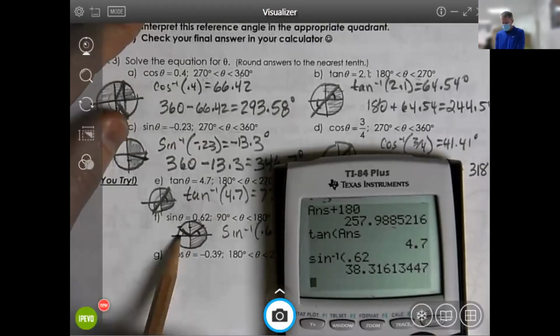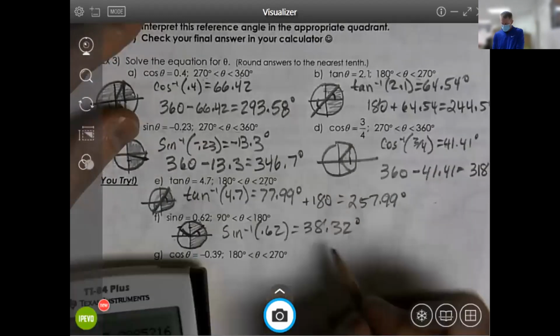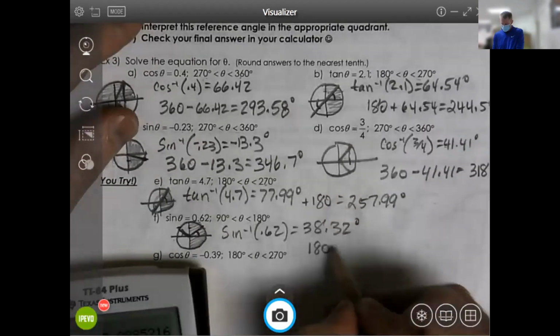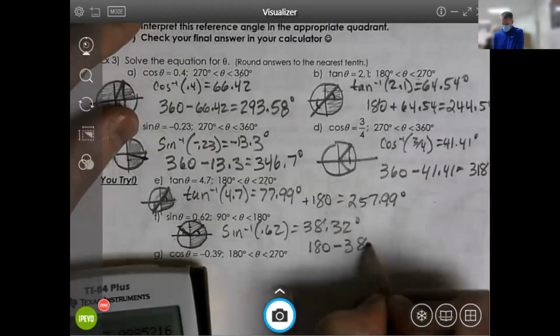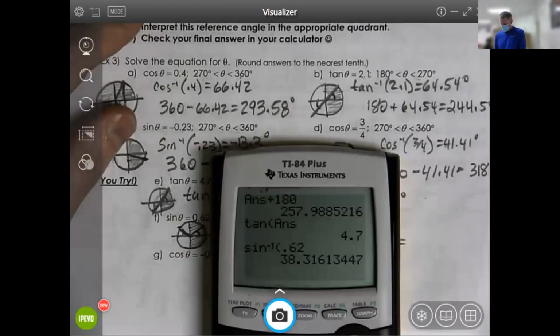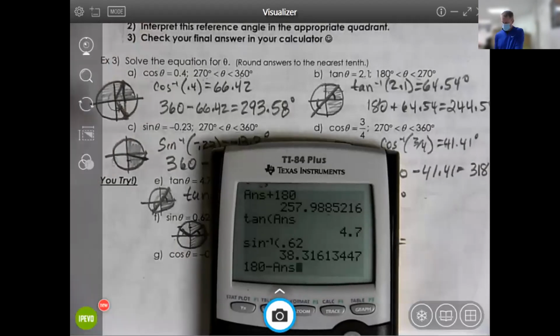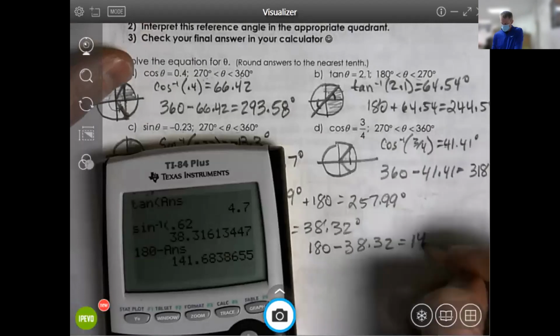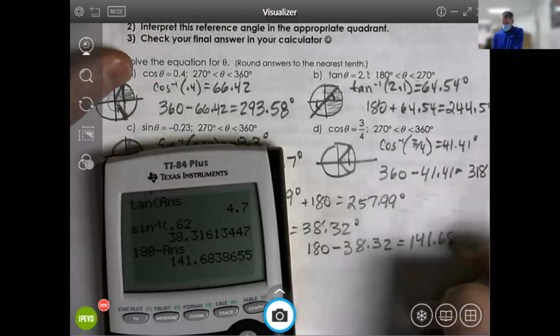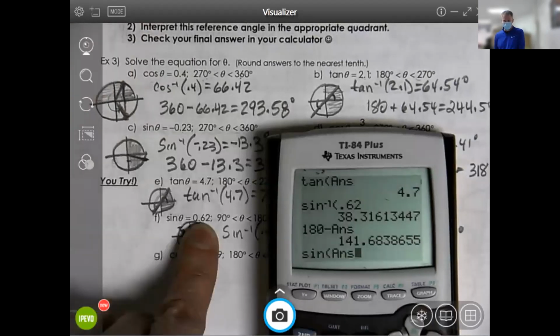We do 180 and we back up that same reference angle. So 180 minus 38.32. So 180 minus the previous answer. That gives us 141. And we can test that answer by saying sine of our answer, and we better get 0.62.